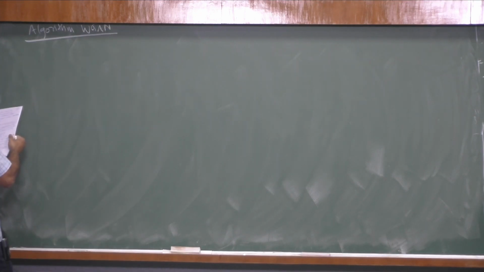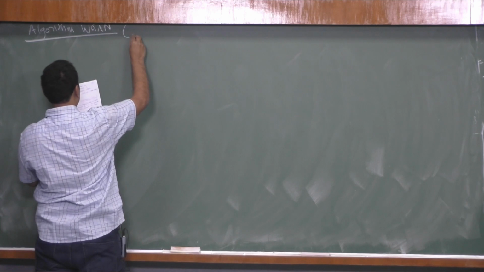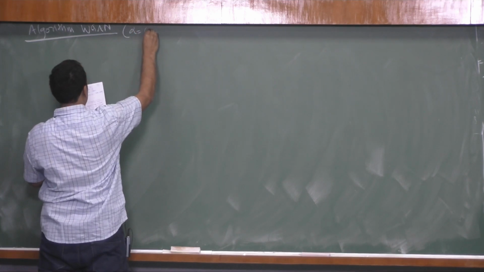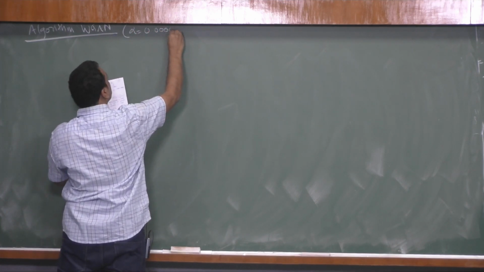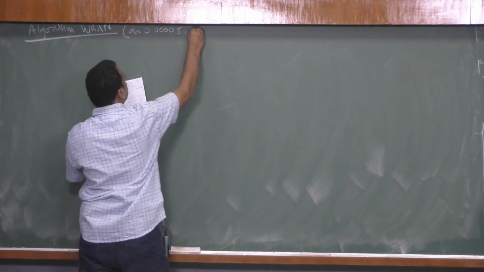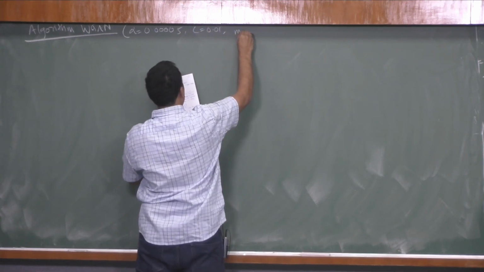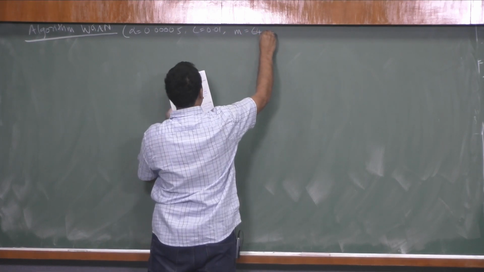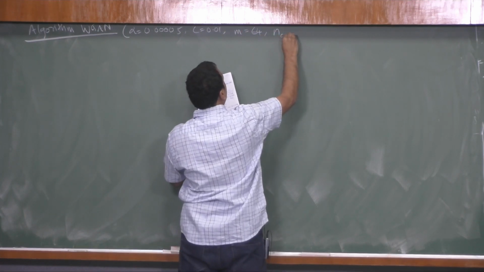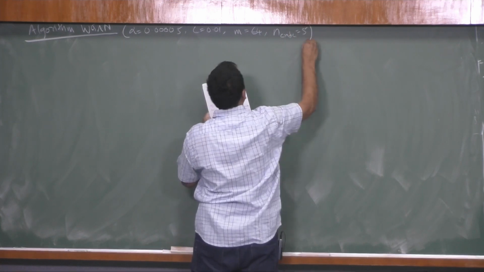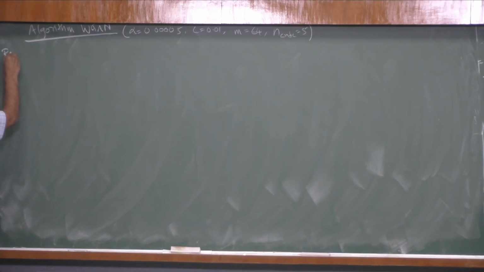As usual, when we actually do computing, there are a lot of parameters involved. In this case as well: alpha is 0.00005, c is 0.01, m is 64 and n_critic is 5. What do we require in this algorithm?